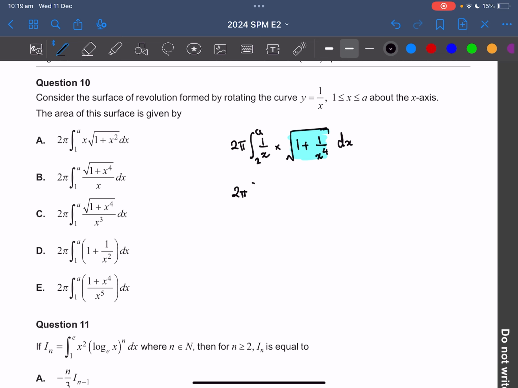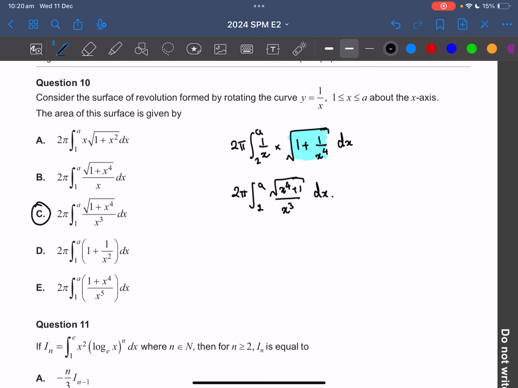So this is the same as integral from 1 to a, 1 on x, times the square root of x to the power of 4 plus 1 times x squared. So all of this would get multiplied and we will have x cubed basically, and dx. So let's see if that matches anything. Yes, it does. It matches option C.